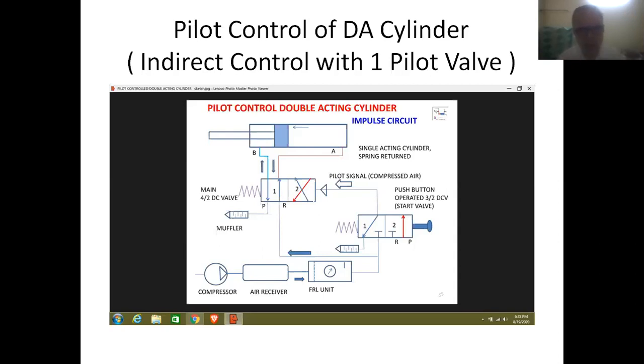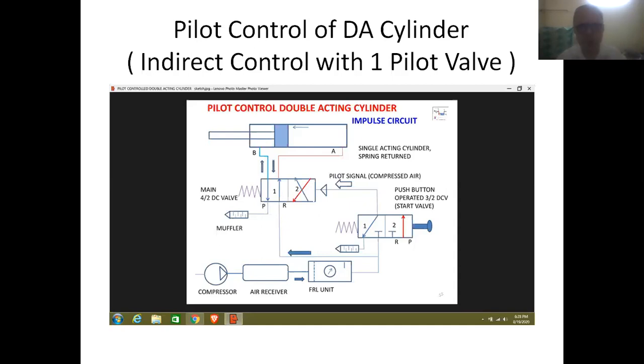So initially the pilot valve will be coming to first position, and finally it will be putting the DC valve in first position. That is used for performing the forward stroke of the piston. And in the second phase of operation, the pilot valve will be coming to second position for putting the DC valve in second position. This is used for performing the return stroke of the piston.